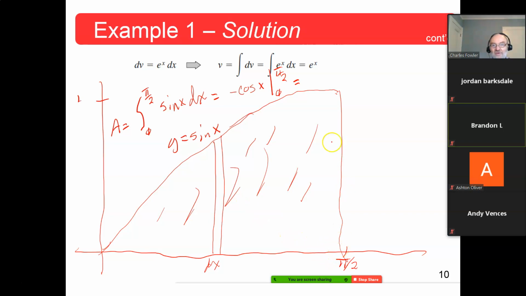Okay, so that would be a minus 0, which I'm just going to leave off. Minus a minus, which is plus cosine of 0. Well, cosine of 0 is 1. So that's just going to be 1. That is the area of that region.